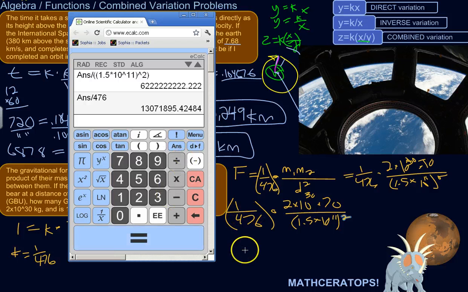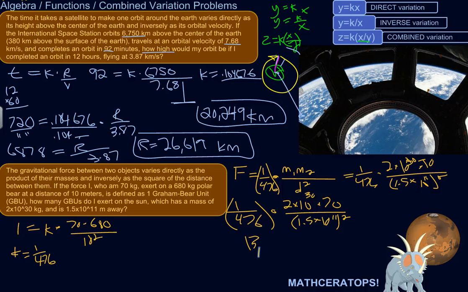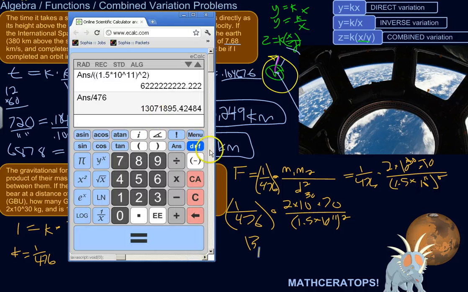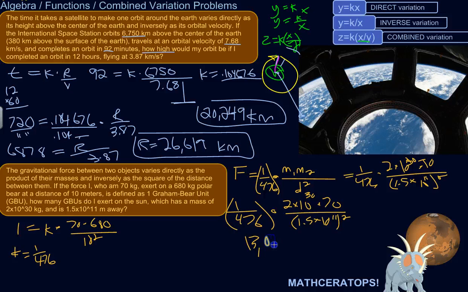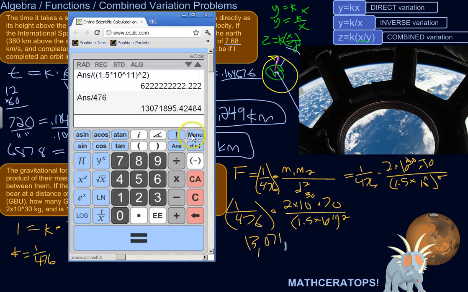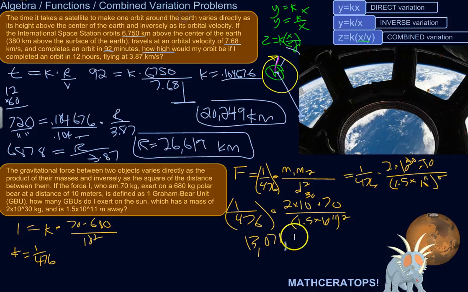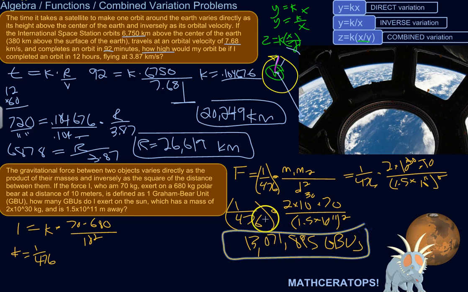So that is equal to, what is that, 13 million 71,895 GBUs. Quite a bit stronger than the force between me and the bear. Alright, good luck on your combined variation problems.